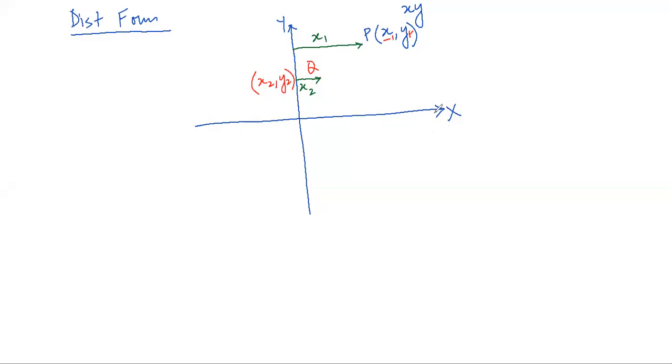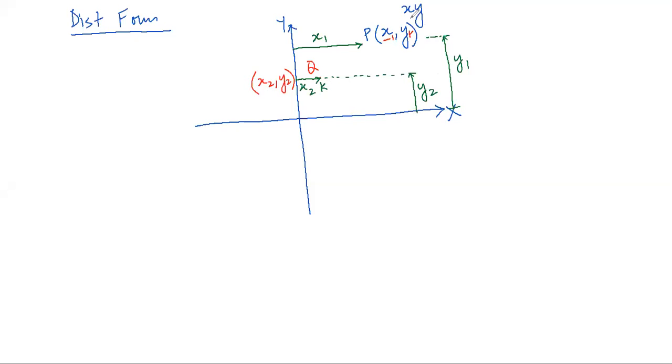Similarly, students, what is y2? y2 is the vertical distance from the x-axis, right? Similarly, what is y1? y1 is the vertical distance of point P from the x-axis, right?